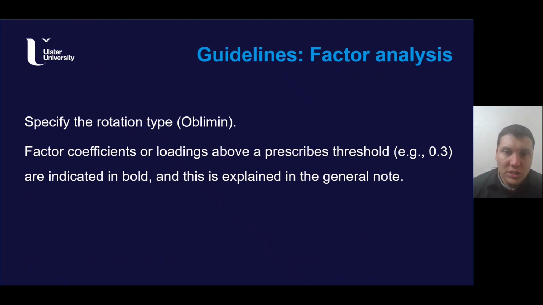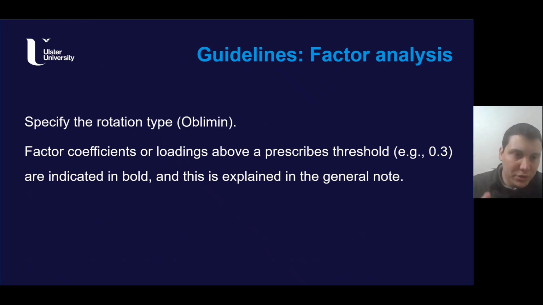Factor coefficients or loadings above a prescribed threshold, in our case the threshold we are using is 0.3, are indicated in bold. And in your general note below the table, you're going to explain what is the threshold above which you are indicating in bold.